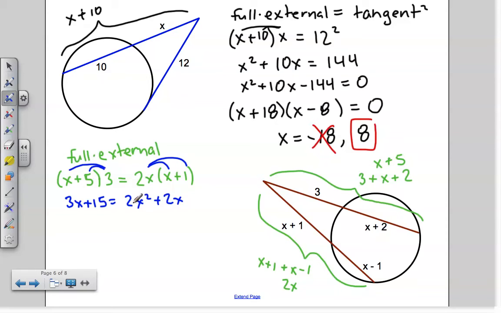I like that it's positive, so I'm going to get these over to the other side and get everything equal to 0 so that I can solve this quadratic. I'm going to subtract 3x from this x term. I'm going to also subtract 15 over here. So now I do have this quadratic equal to 0. I have 2x squared, a positive 2x, and negative 3x, which is minus x, and minus that 15.